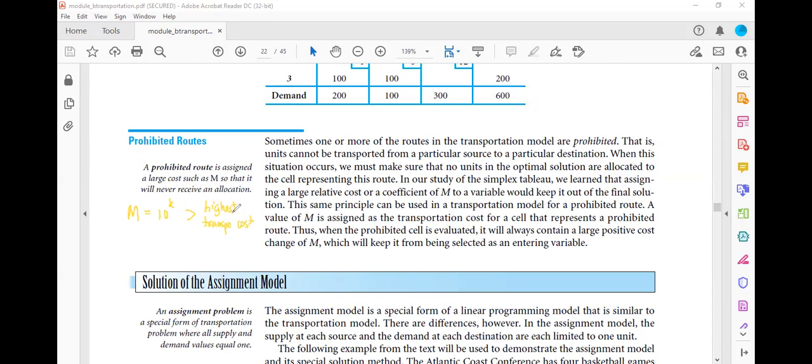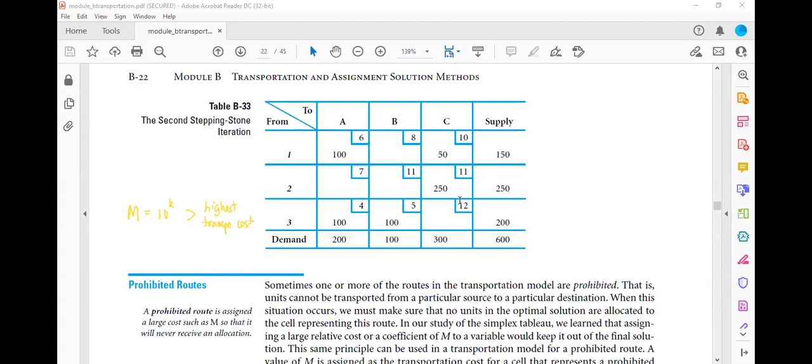So, ibig sabihin, kung titingnan natin tong table na to, okay. So, dito guys, halimbawa, ito ay gagawin nating ano, okay. So, lagyan ko ng stamp to. Yan. So, kunyari, prohibited cell na yan. Okay? So, ibig sabihin, we do not want anything to appear in cell 1C. So, maglalagay tayo ng M dyan.